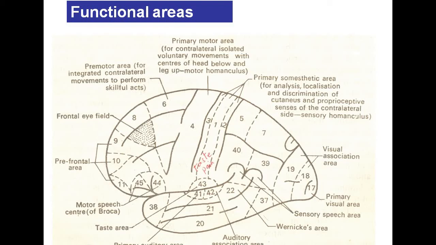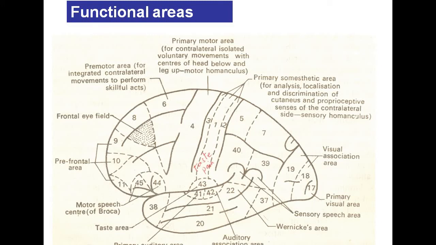Association area. In these regions, direct sensory or motor responses are not elicited. These areas integrate and analyze the responses from various other areas. Many such areas are known to have both sensory and motor functions, called sensory motor areas.